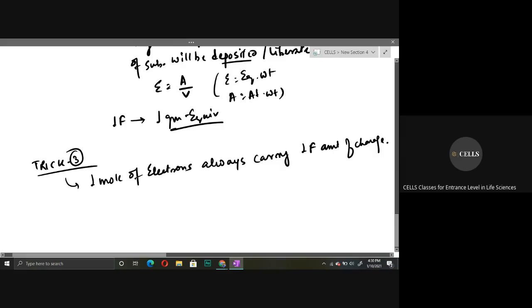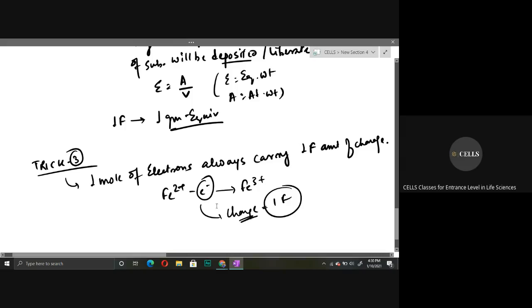For example, suppose if you want to convert Fe2 plus minus E, that is Fe3 plus. So in this reaction, how many Faraday amount of charge? There is 1 mole of electrons being dissociated. So the charge will be 1 Faraday. If they ask you this kind of questions, you can answer from here as well.